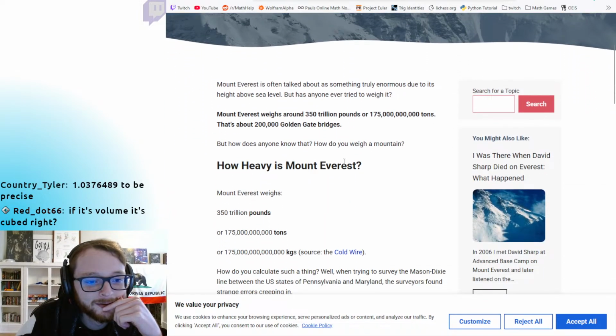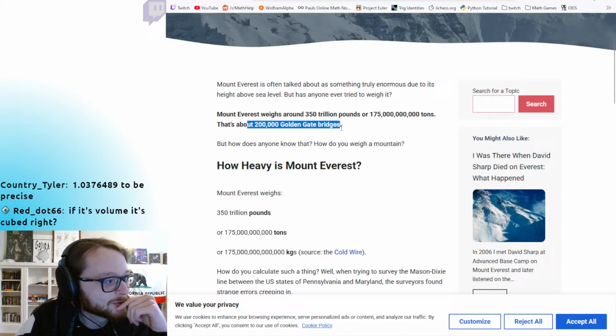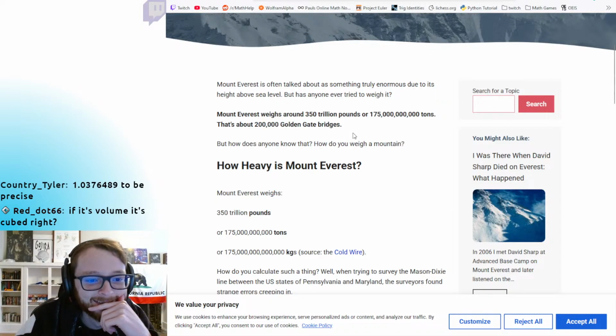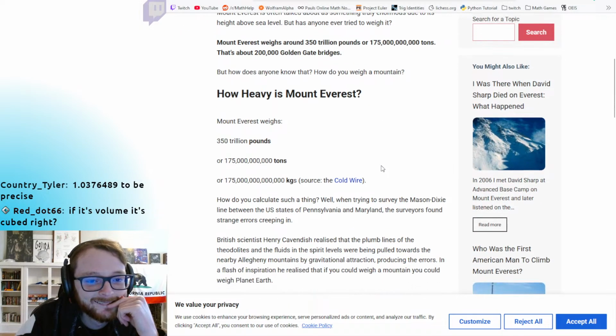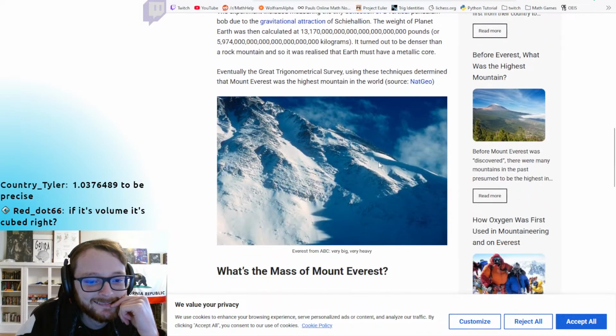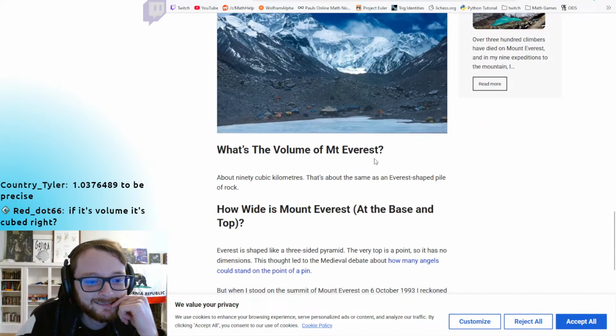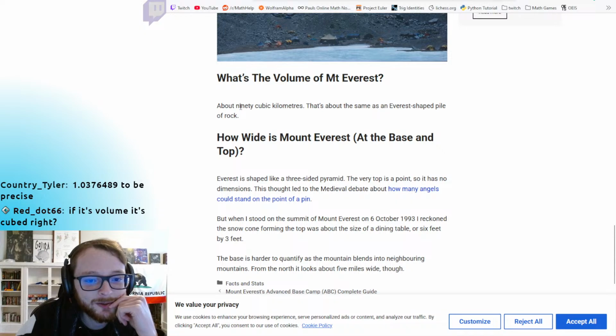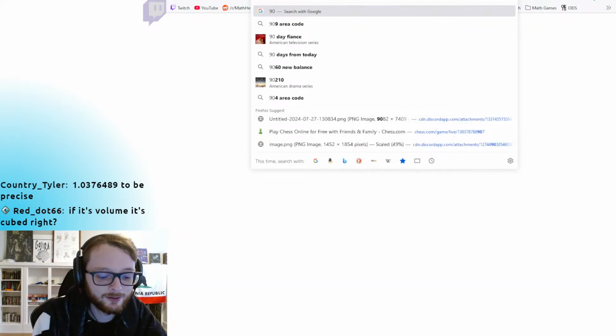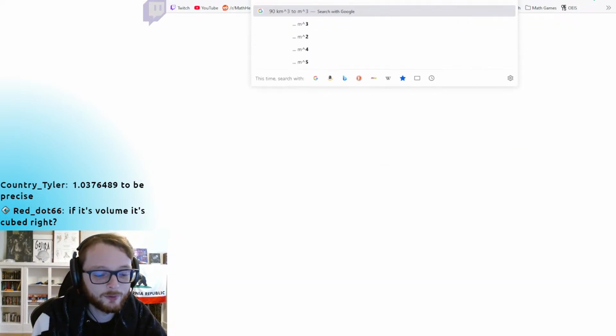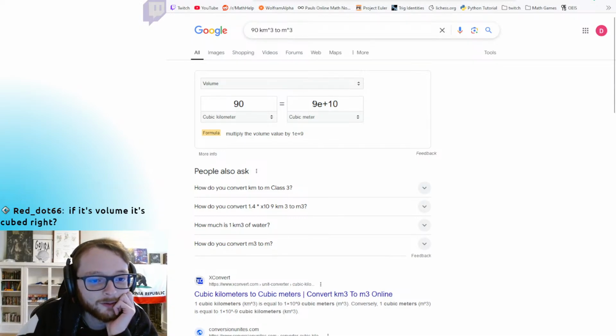There we go. 90 cubic kilometers, so 90 km cubed to m cubed.